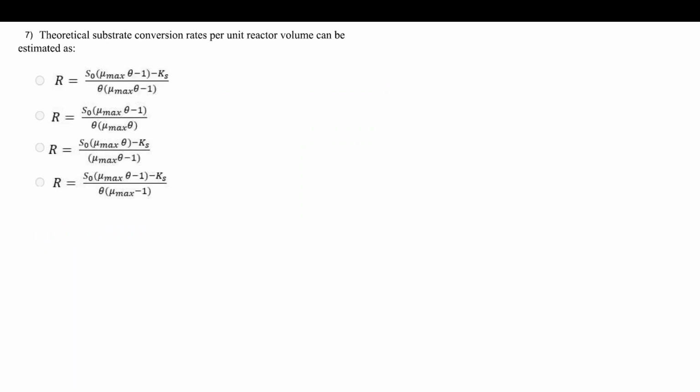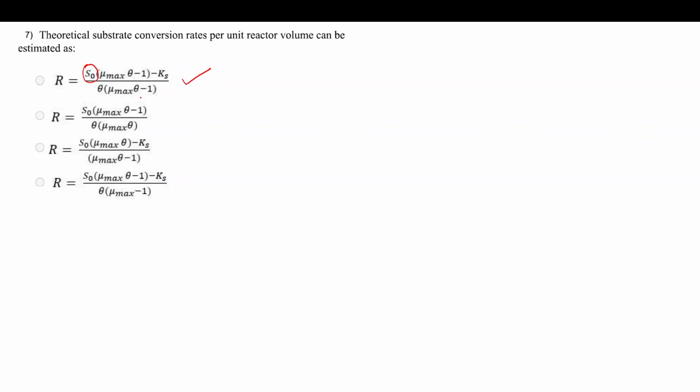The next question is: the theoretical substrate conversion rate per unit reactor volume can be estimated as dash. So this option is the correct answer, right? Where this is the concentration of substrate, and theta is the detention time.